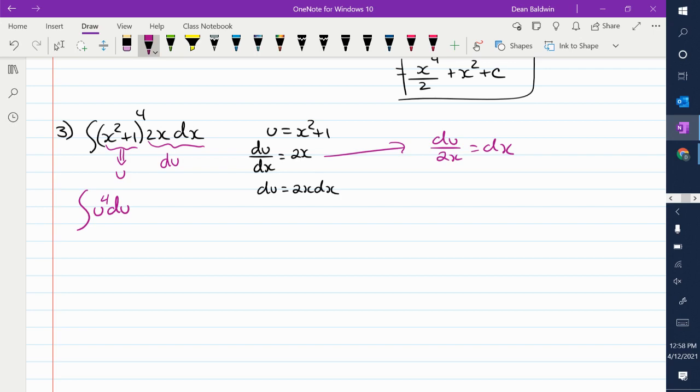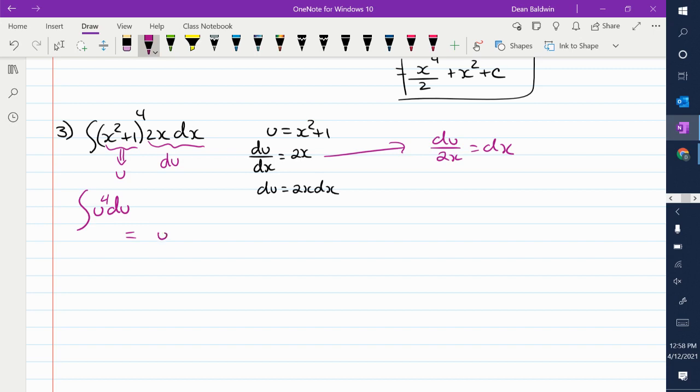Okay? Do you want me to make it more complicated? No. So now I can solve this integral. U to the 4 du. What do I do? Add 1 to it, divide by the new exponent.